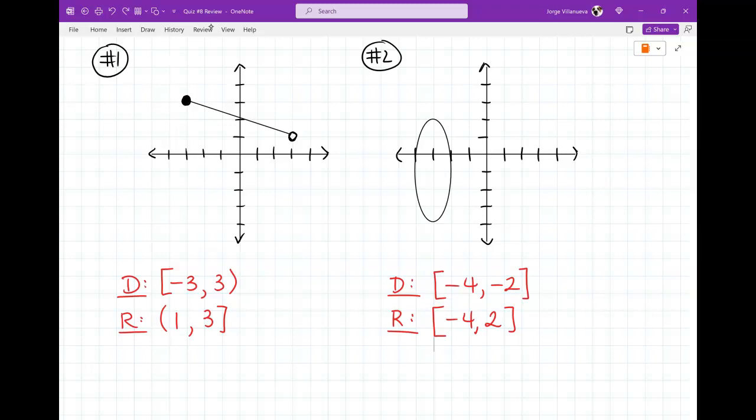So I was marking them wrong. They're like, we know we're right. And I'm like, you are right, but you gave me both, which are both correct, but that's not what they're looking for. They just want the domain or the range. And then in some situations, they were forgetting to put the parentheses or the brackets. So that's why they were being marked wrong. Okay? So if you're having issues with that, double check to make sure that you're doing that. If not, let me know soon because it's due tomorrow.